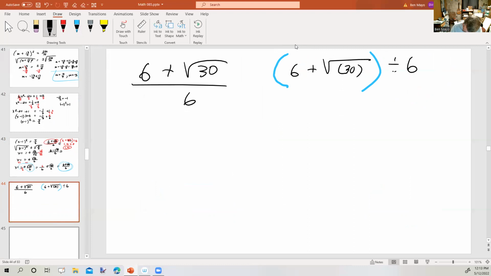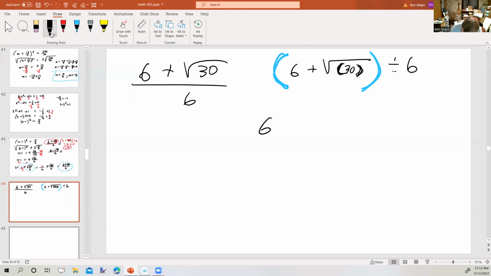So you've got the black set and the blue set. The black set of parentheses, that's the radicand inside the radical. The blue set of parentheses is so that the whole numerator is divided by 6.